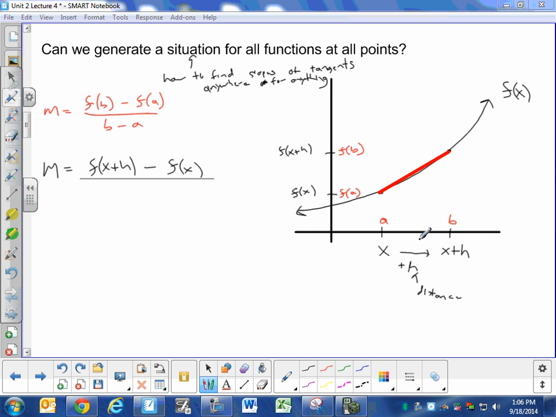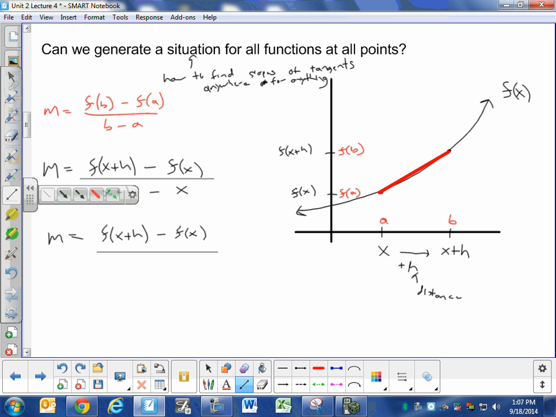B is x plus h, minus a. A is x. Okay, just use the slope formula. Now, what happens here? Can we do anything? The x's will go away. X minus x disappears. So now the slope of this line is f of x plus h minus f of x over h.